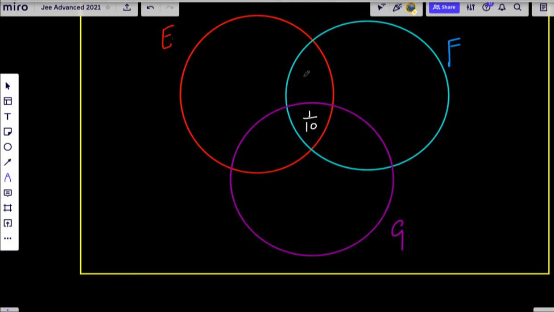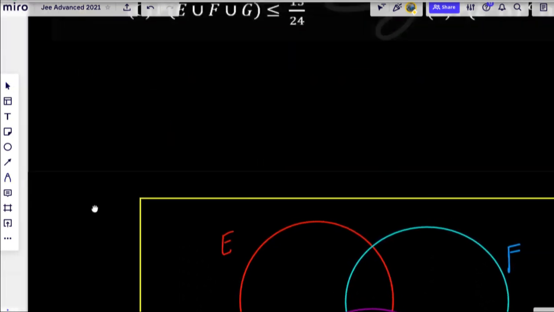If we say E intersection F, you have to assume something.